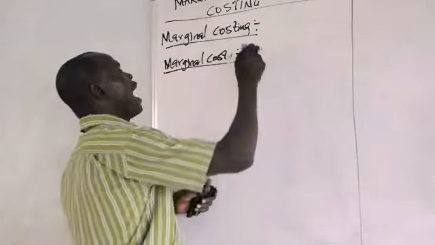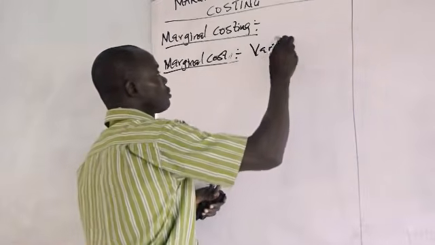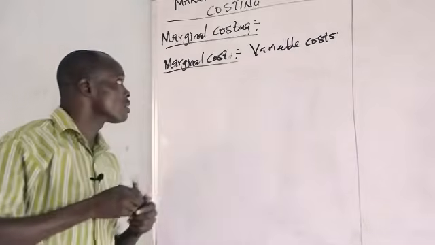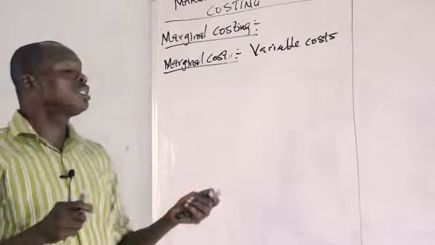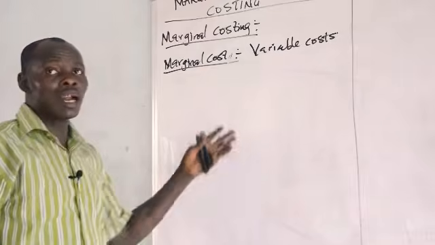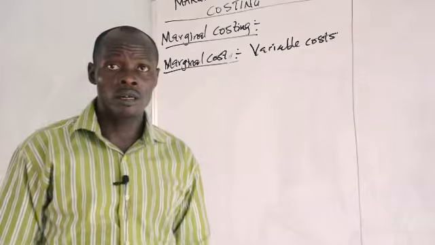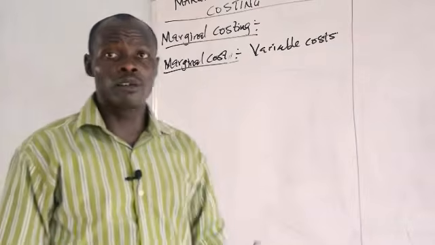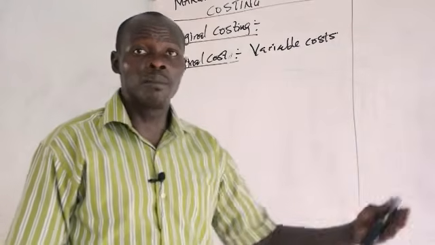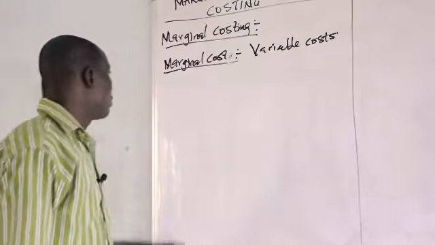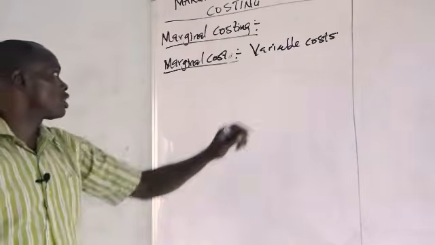Marginal costs are the variable costs. Variable cost will include the direct materials, direct labor, variable production overheads, variable selling and administrative overheads. Marginal costs are the variable costs.